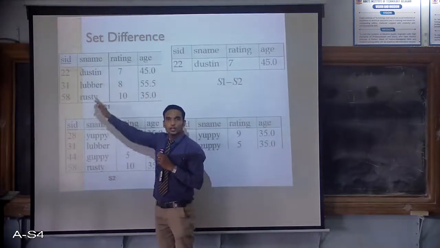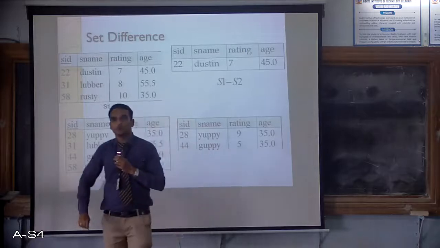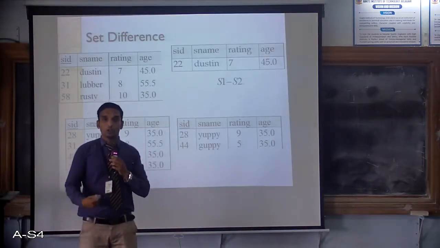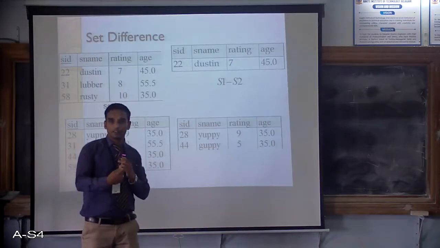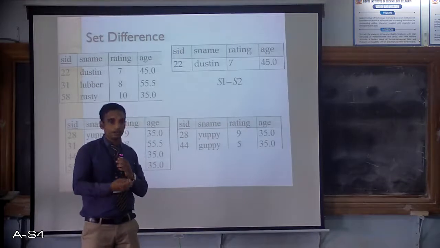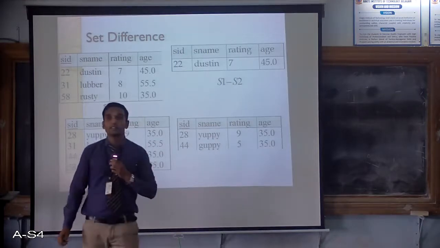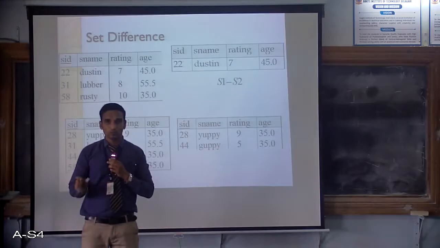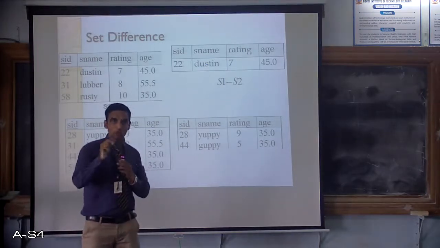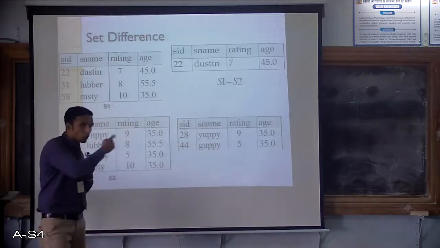So set difference works with concepts like "who either", "for all the students", "for every" and all. When such words come, like studies in all departments and all, then we can always go with the concept of set difference. Understand how the set difference works? Set difference of S1 minus S2 includes only those rows that belong to S1 but not to S2.